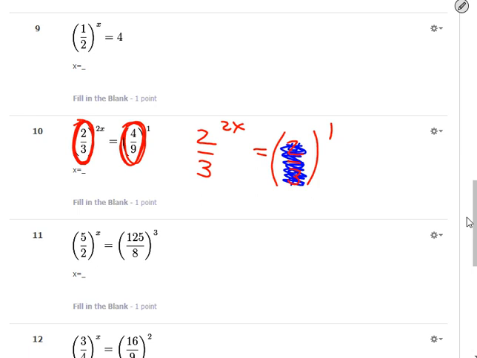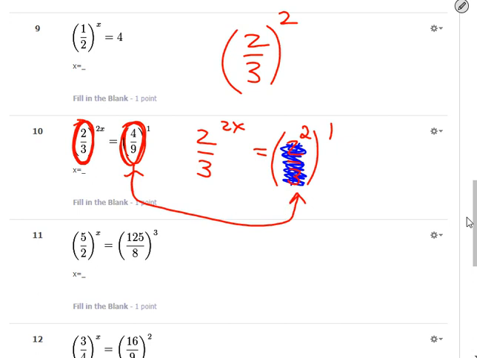That would be square rooting it. 2/3 to the what? 2/3 squared is the same as 4/9. Let me say that again. 2/3 squared is the same as 4/9. So I've replaced 4/9 with 2/3 squared. For some reason, that's really hard for people, and I don't totally get it. 2/3 squared, you just square both the top and the bottom, and you get 4/9.